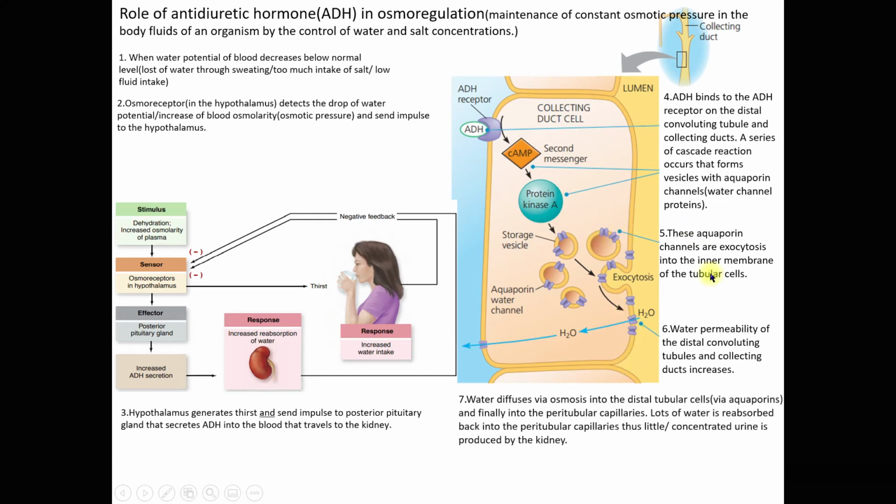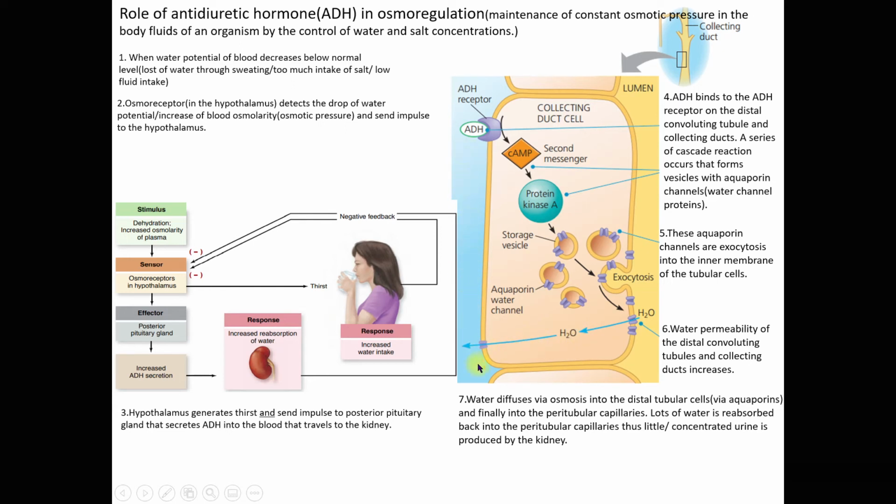Eventually, water will diffuse from the lumen of the distal convoluted tubules and from the lumen of the collecting duct. The water from these lumens will diffuse via osmosis into the distal tubular cells, or into the collecting duct cells, and finally into the peritubular capillaries.